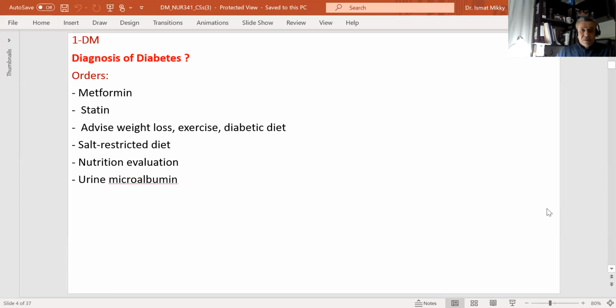Their glucose level will be way higher than the patients with DKA, over 1,000 milligrams. They'll have no acidosis. They will be confused and probably also have renal impairment.